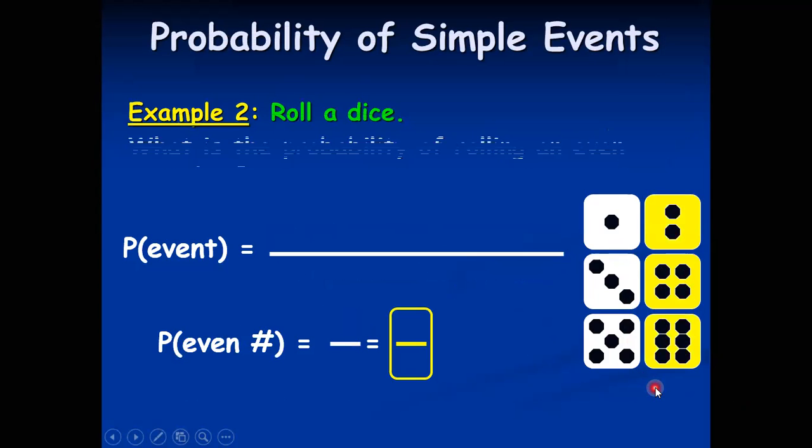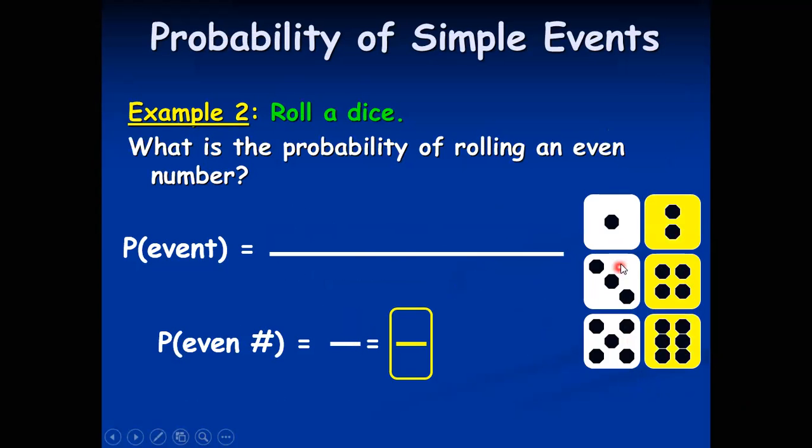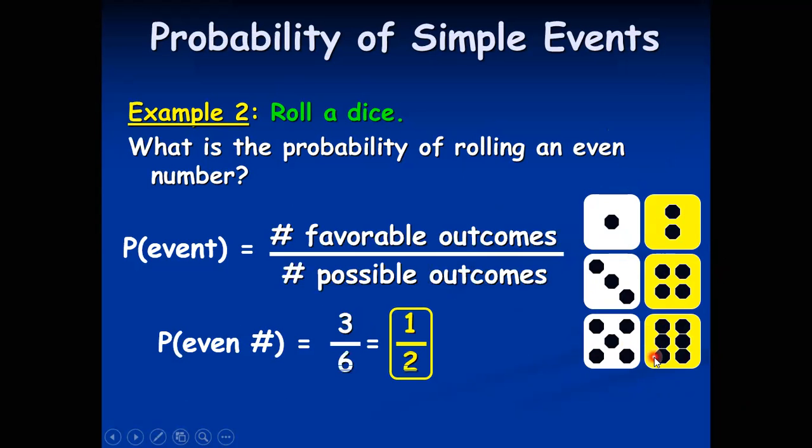If you look at the probability of rolling an even number, look at the outcomes, how many even numbers are there. There is a 2, a 4, and a 6. So there are 3 even numbers. Then all the possible outcomes, there are 6. So the answer is 3 out of 6, which can be reduced to 1 out of 2.